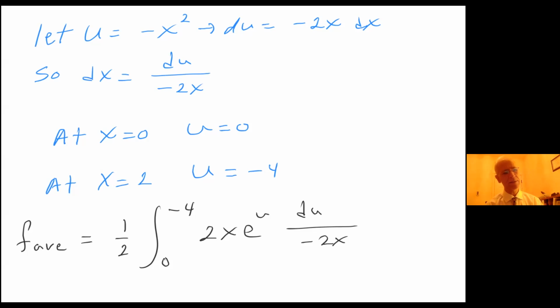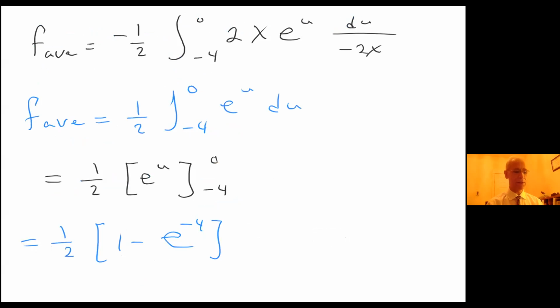Now remember that I'm supposed to have the smaller number at the bottom, and -4 is smaller than 0. So I'm going to go ahead and change their positions and add a negative out here. So let me go to the next page.